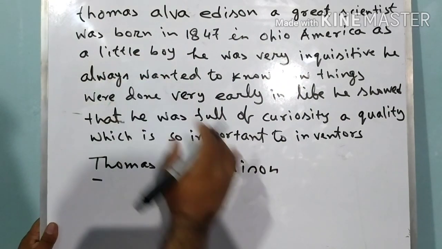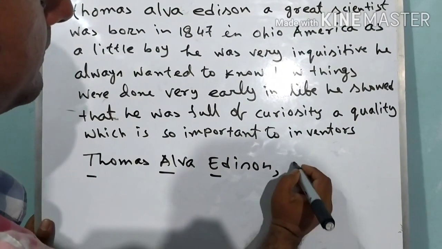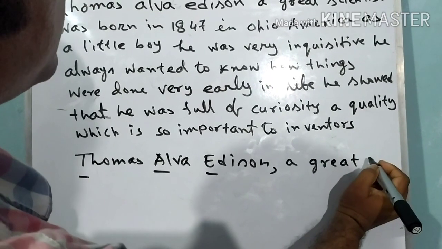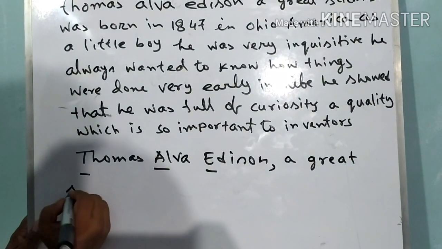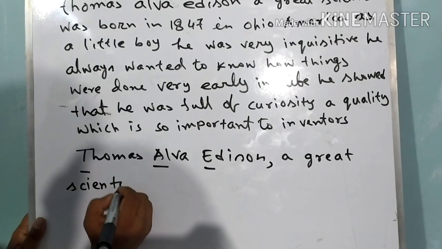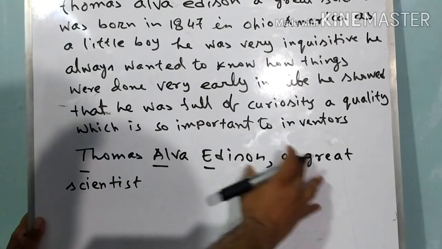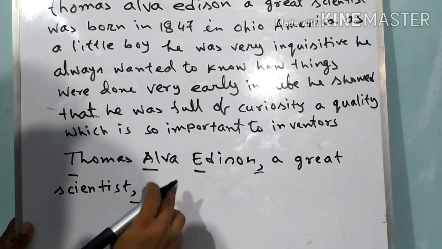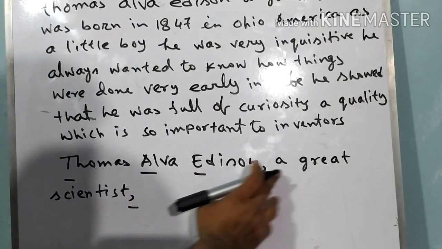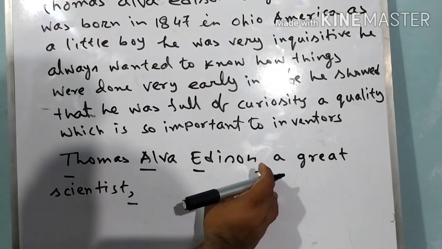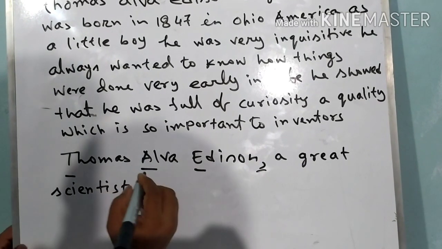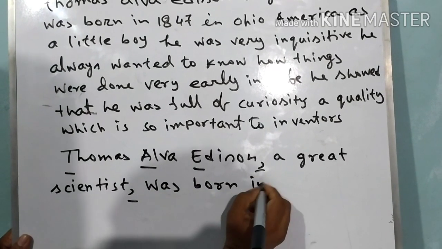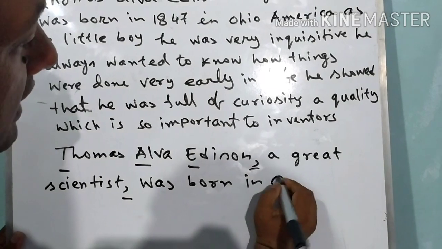And a great scientist, it's an appositive. So we have to use comma here. A great scientist, it's a quality. So here will also be commas, it's called an appositive. Was born in Ohio, it's a place.